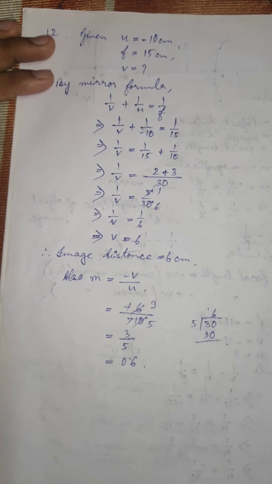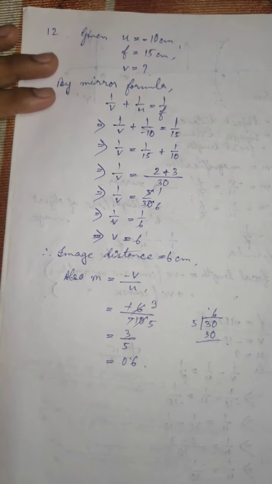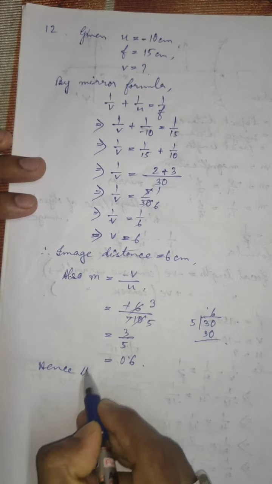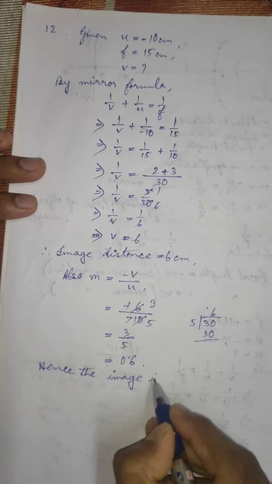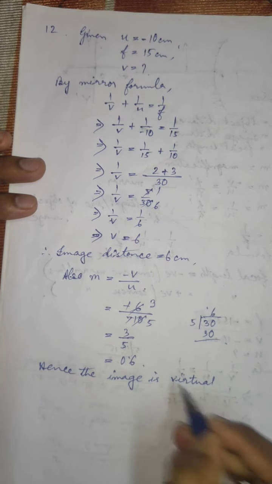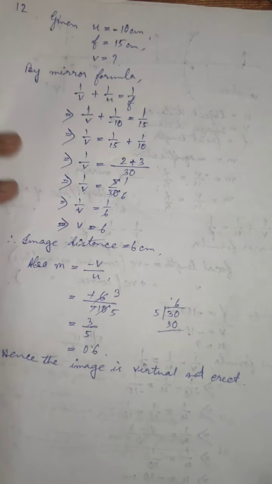When you are asked to find the nature of the image, you have to find whether the image is real and inverted or virtual and erect. Remember this. Hence, the image is virtual and erect. Okay, thank you.